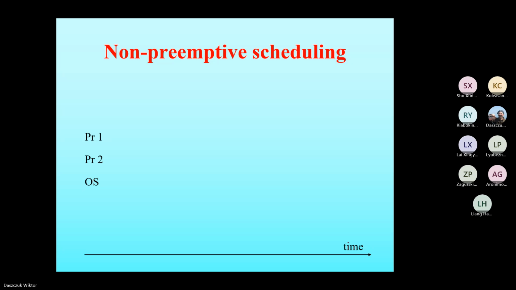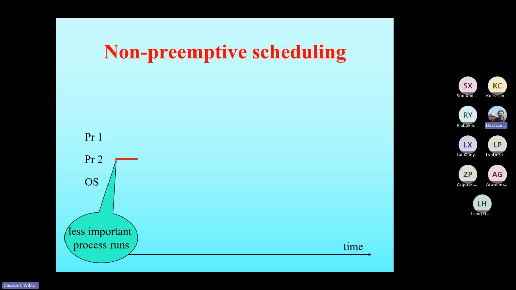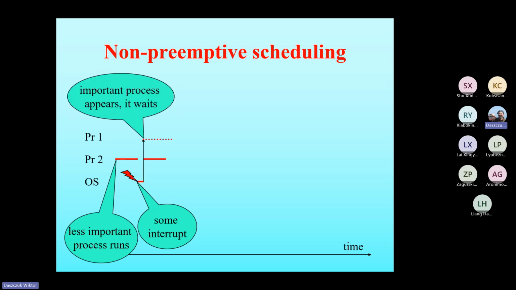Let's look. A process which is less important or equally important, but not more important, runs, and some interrupt occurs. As a result of this interrupt, a more important process appears.